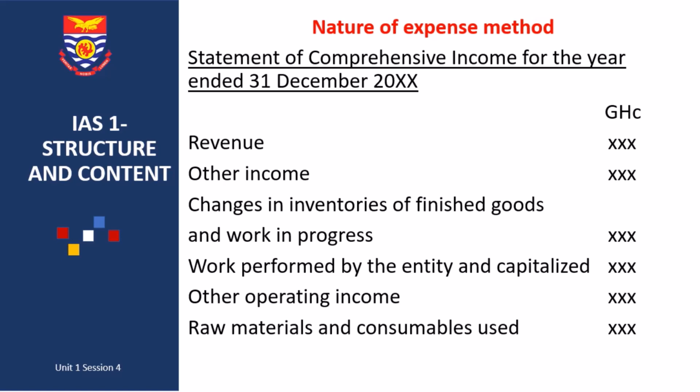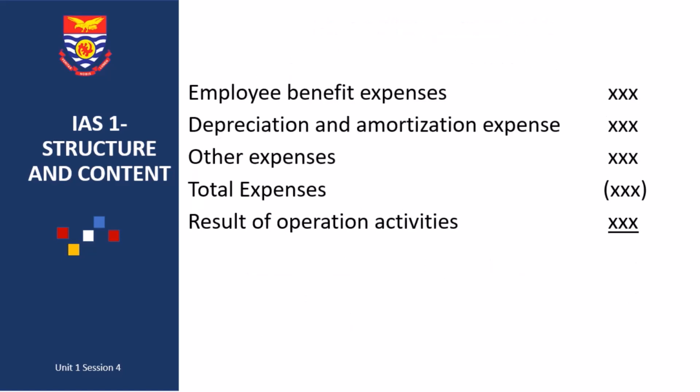Then we have work performed by the entity and capitalized. Other operating income, then raw materials and consumables used. Here you are bringing the items by nature one by one, but by function you sum all of them together to get your cost of sales, one figure that must be presented. Then we have employee benefit expenses, depreciation and amortization expenses. Then we have other expenses.